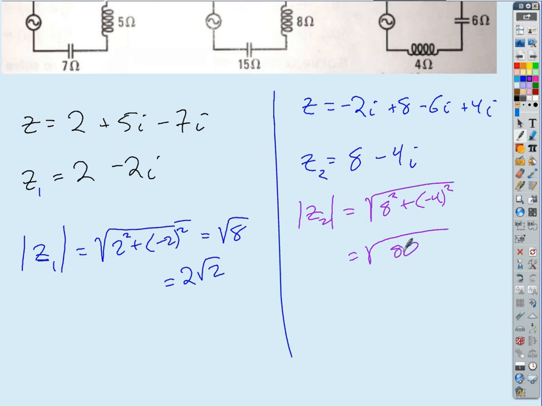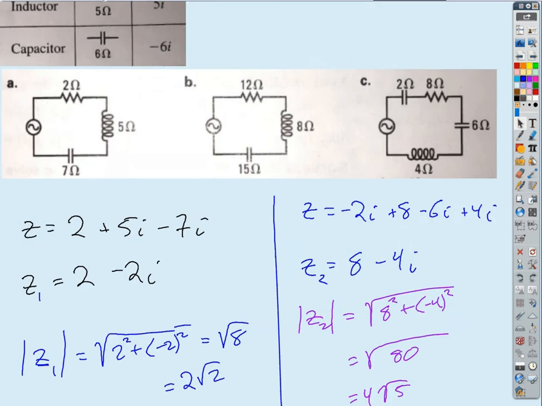I guess 4. Oh, 16, right? 16 and 5. So that's going to be 4 radical 5. That's a bigger number than 2 radical 2, isn't it? Everybody agree? So this one's impedance is higher. It's going to be harder to push current through this circuit than through the other one.